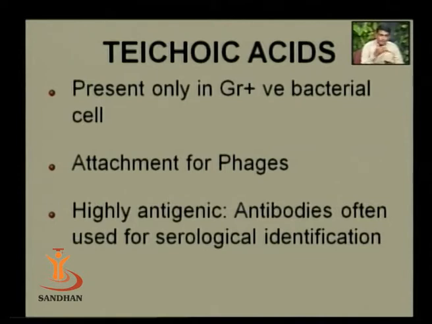Under the limited supply of phosphate, many times this teichoic acid is replaced by teichuronic acid, and this teichuronic acid is the polymer of uronic acid and N-acetyl glucosamine. Now this teichuronic acid formation takes place under the limited supply of phosphate, because phosphate is required for ATP and for DNA synthesis, and that again makes the environment suitable for an acidic environment for the cell wall peptidoglycan.